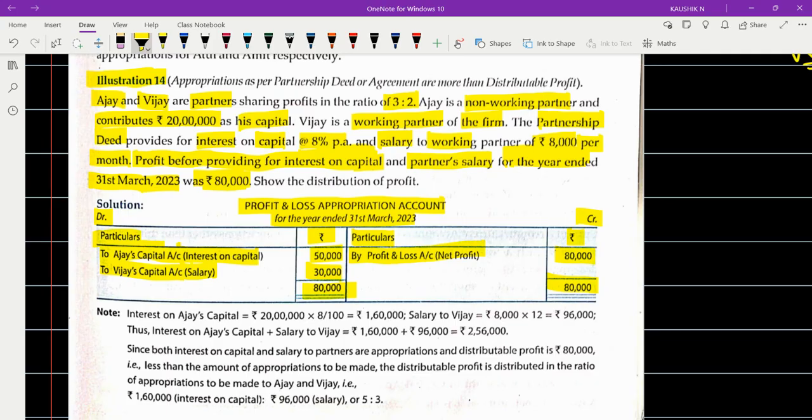It needs to be converted into a ratio, and that particular ratio will be utilized for the distribution purpose and not the one given in your text or in the question as a profit sharing ratio. I hope it is clear to you all. If you have any doubt, get it clarified. If you don't have any doubt, please complete this problem and let me know.